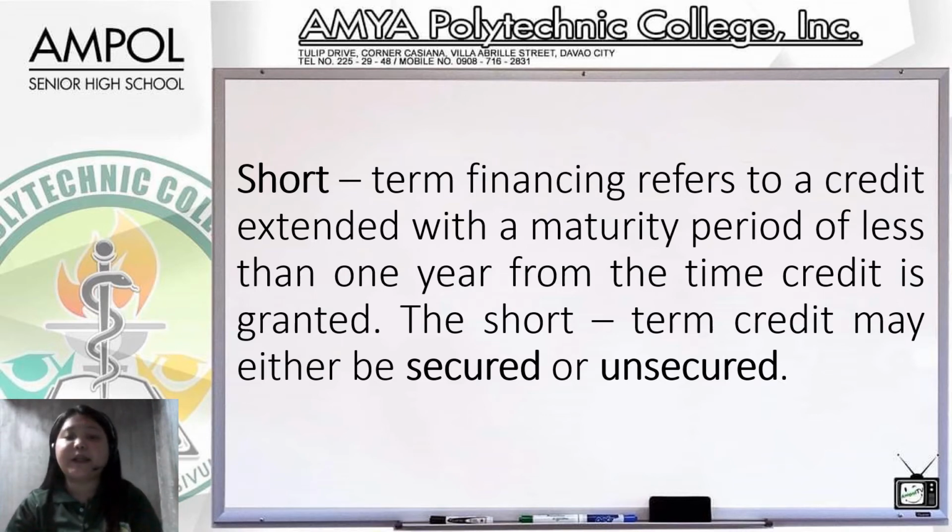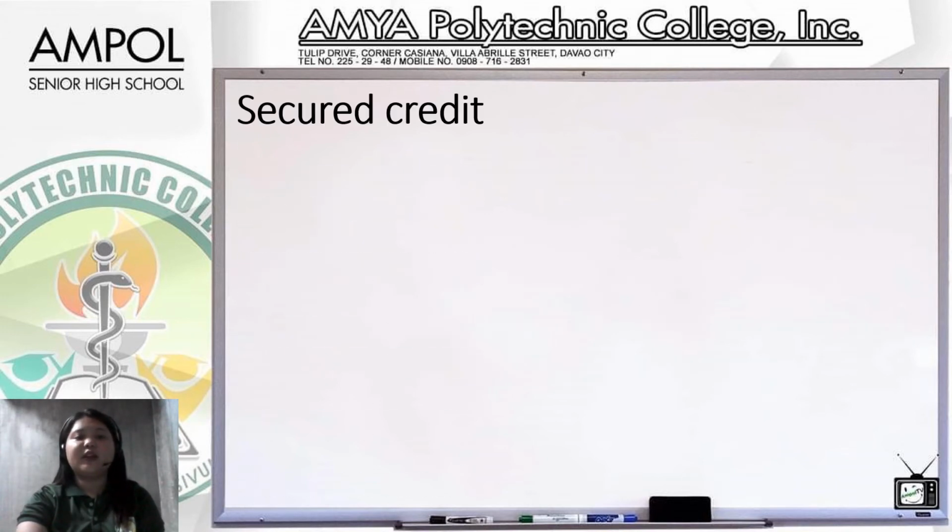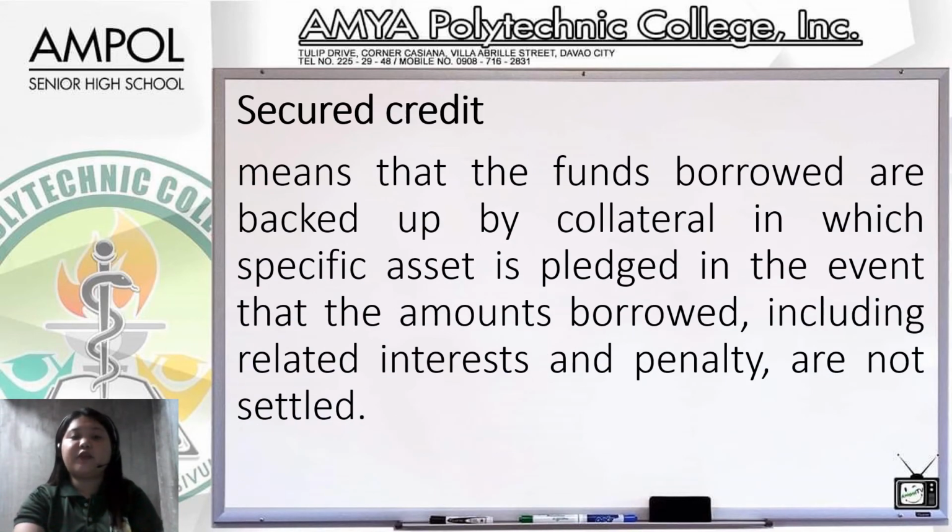The short-term credit may either be secured or unsecured. Secured credit means that the funds borrowed are backed up by collateral in which a specific asset is pledged in the event that the amounts borrowed, including related interests and penalty, are not settled.